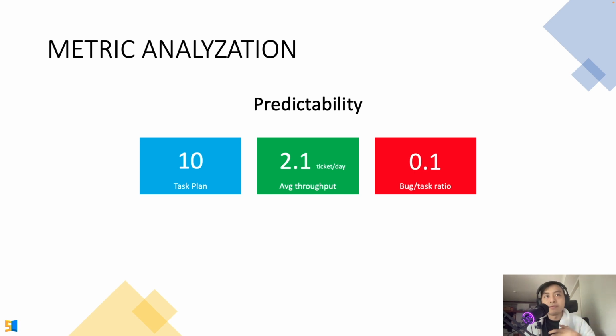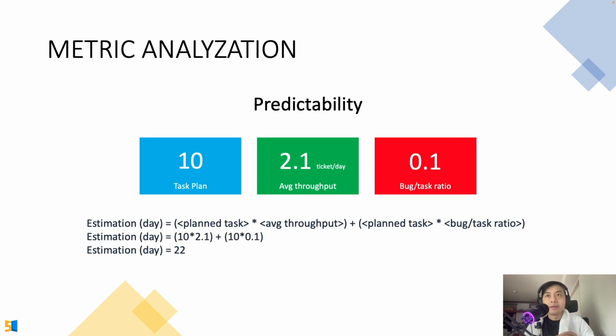That's our average throughput. But we also have a 0.1 bug per task ratio. So how do we calculate the predictions? We calculate by using this simple formula.